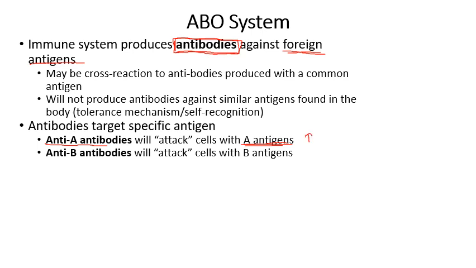So a person with an A antigen would have B antibodies.